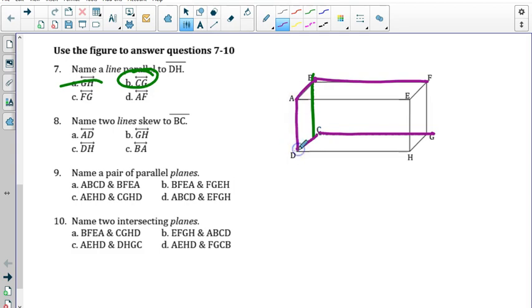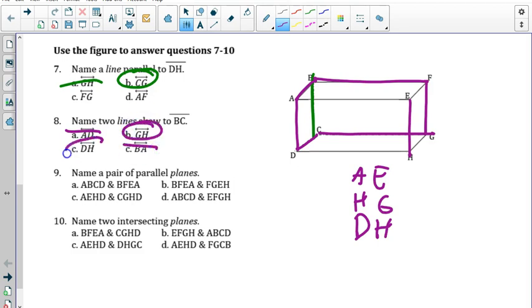So that is out, and that is out. So what does that leave us? It leaves us AE, HG, and DH. So let's see where those are. AD, not a possibility. GH, I said HG, same thing. BA, no. DH, yes.